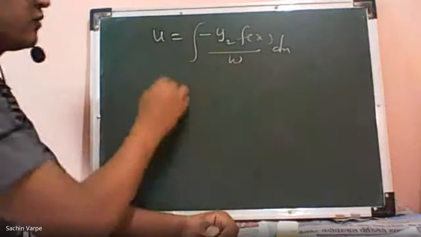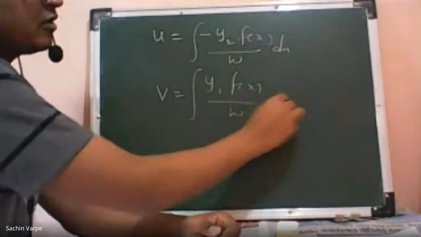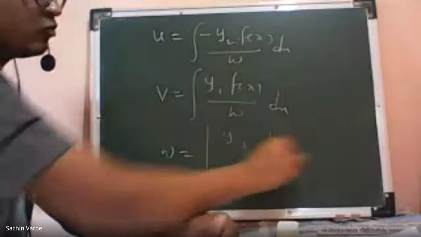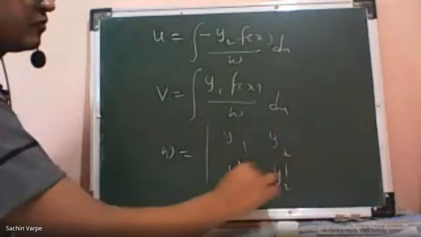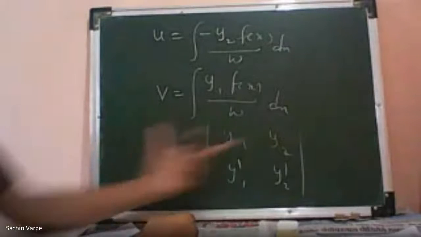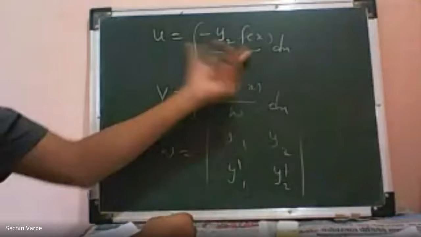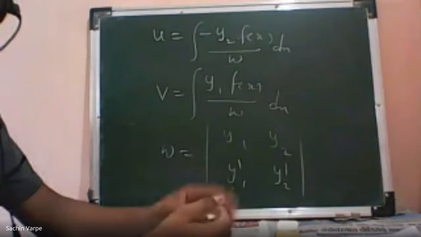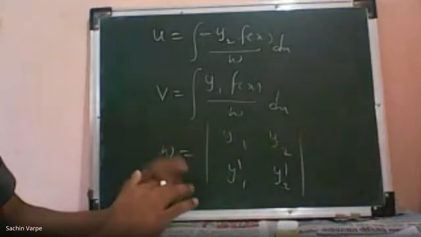The formula for v is the integration of y1 f of x upon the Wronskian, where the Wronskian is the determinant of y1, y2 and their derivatives. First solve this determinant and substitute those values to solve these integrations. That's all about the method of variation of parameters.